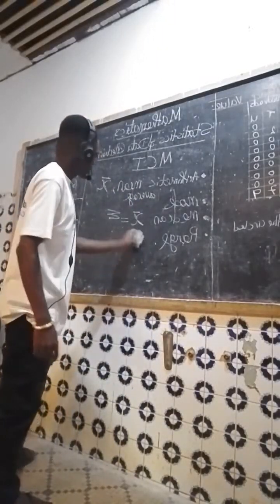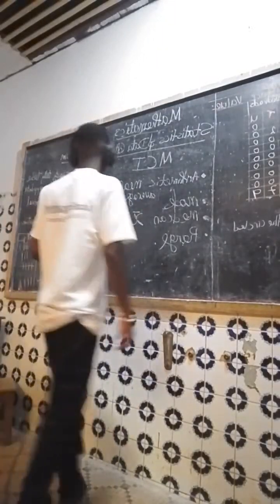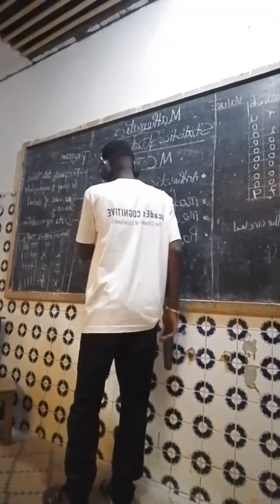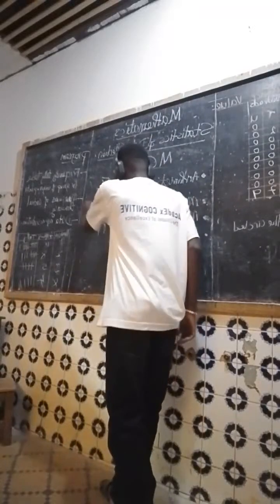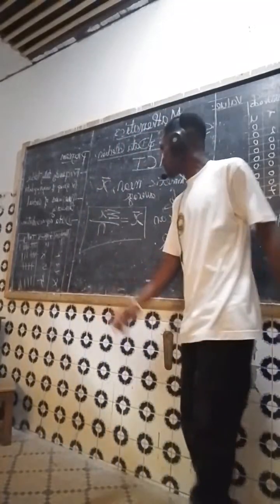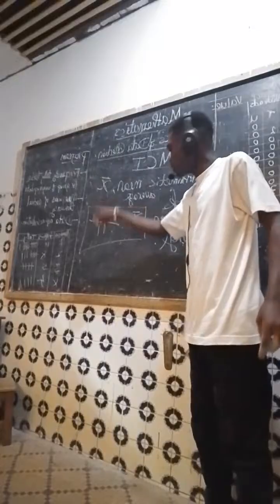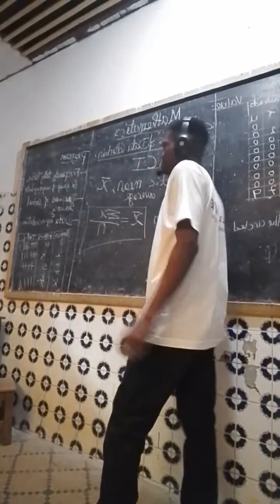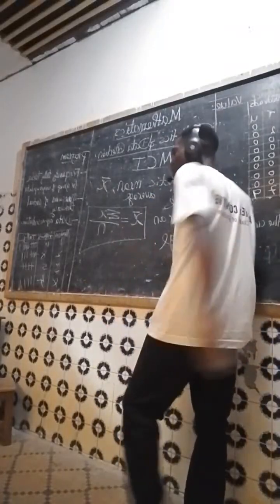Then now, I will put this one, which means summation: sum of x over n. This is the formula to find the arithmetic mean. You add all the x and divide by the number of items. Now, for grouped data, this is what you do.